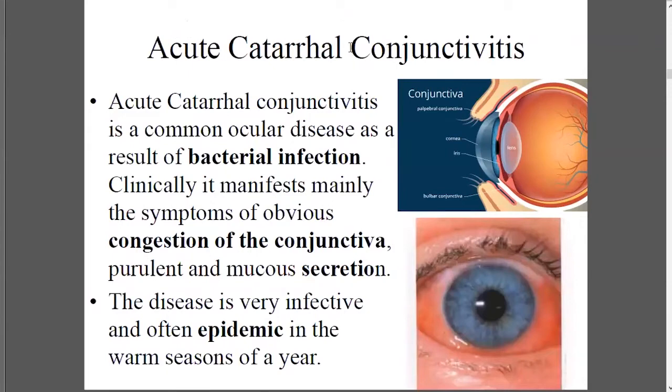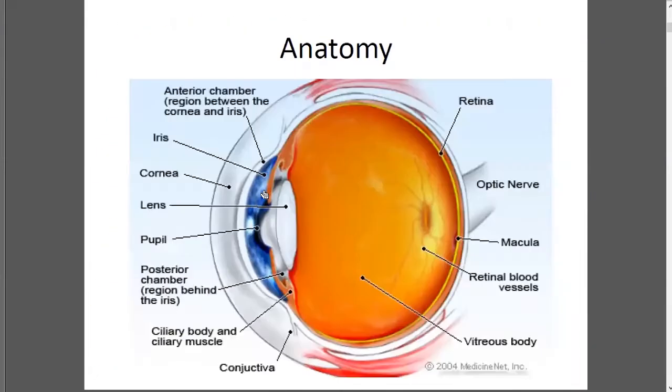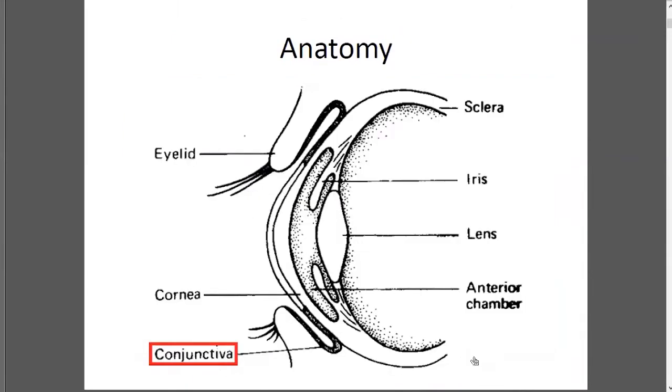So conjunctivitis. Conjunctivitis is the conjunctival problem. So we still go back to our anatomy picture. The conjunctiva is a membrane that covers the inside of our eyelid and the superficial part of the eyeball here.